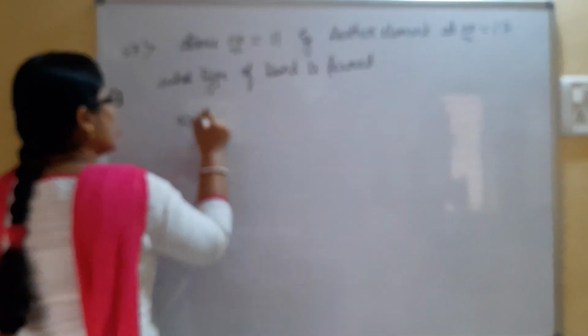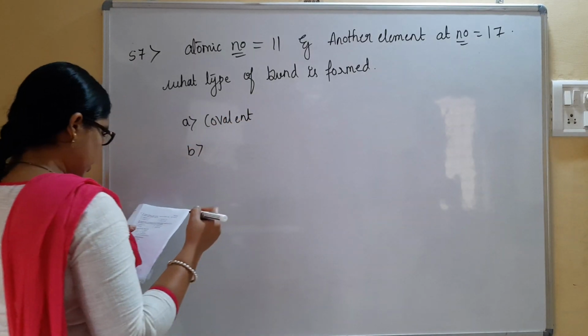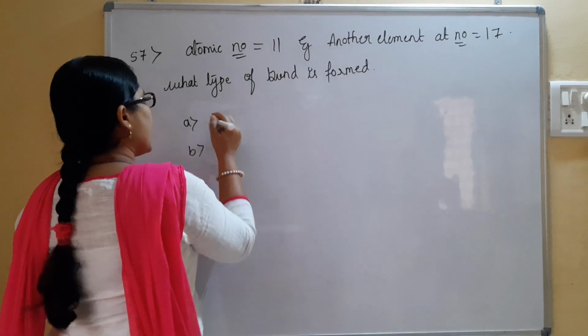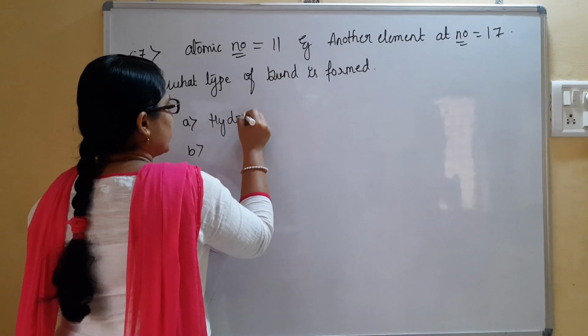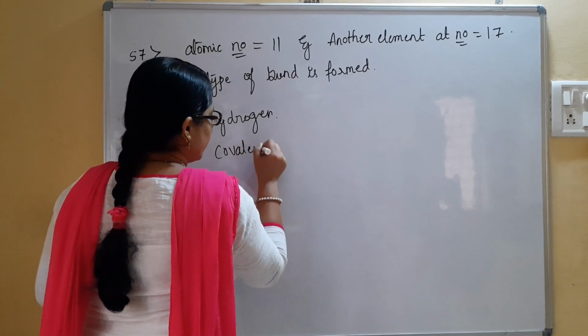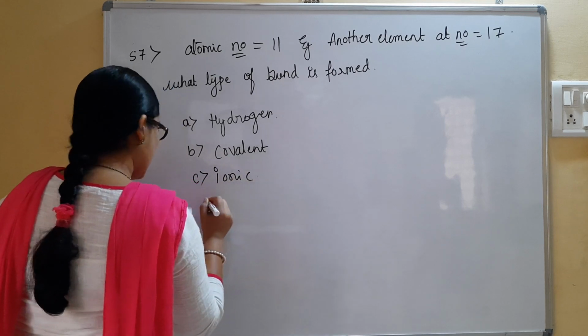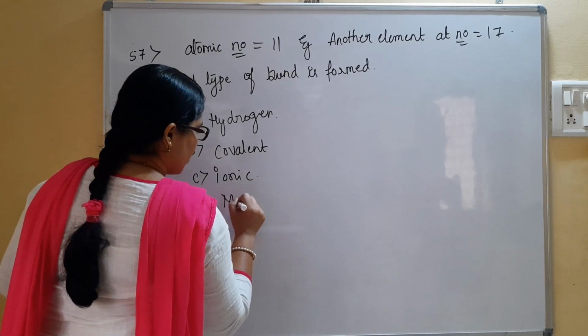The options are: A, hydrogen bond; B, covalent bond; C, ionic; and lastly, metallic.